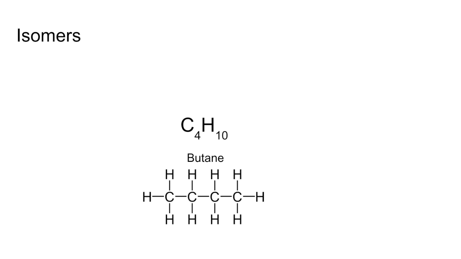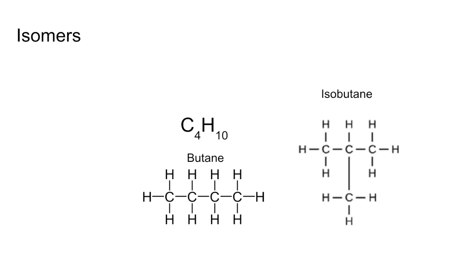So back to the formula here. Hopefully this is what we came up with, right? Good. Now for some of these longer chains, they can be arranged in more than one way. So take a look at this one. This one is isobutane.